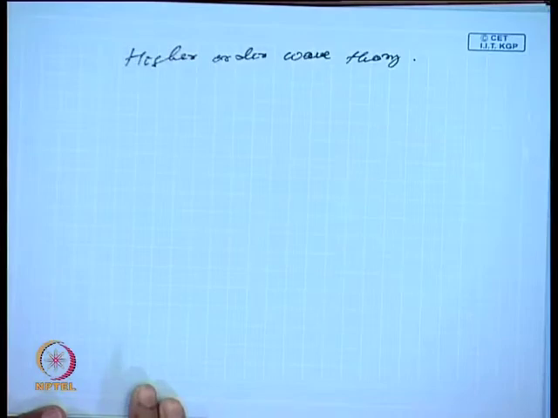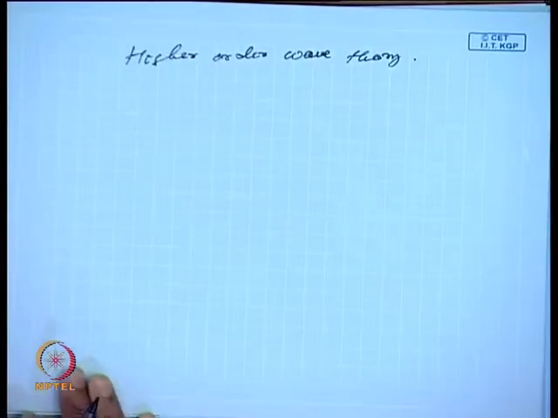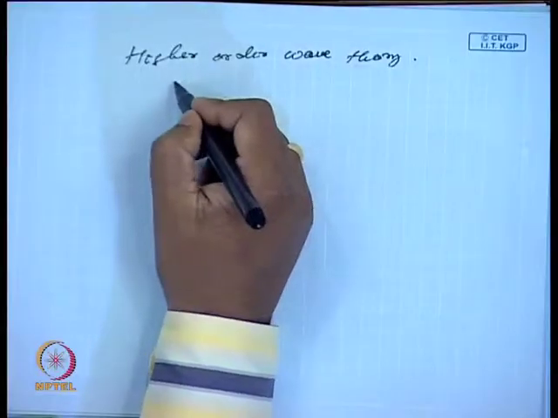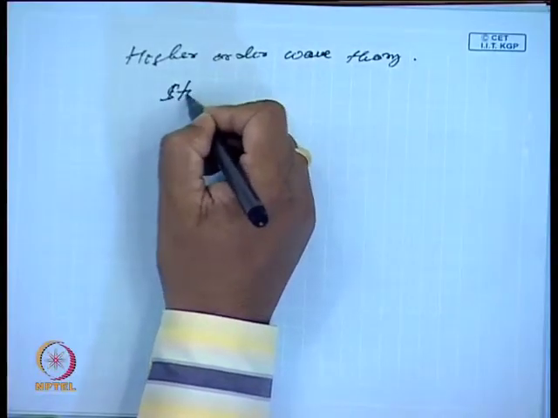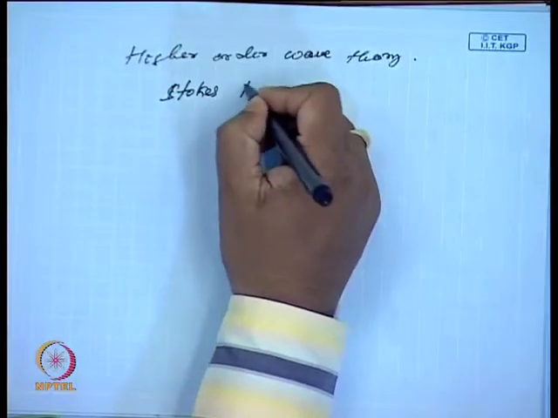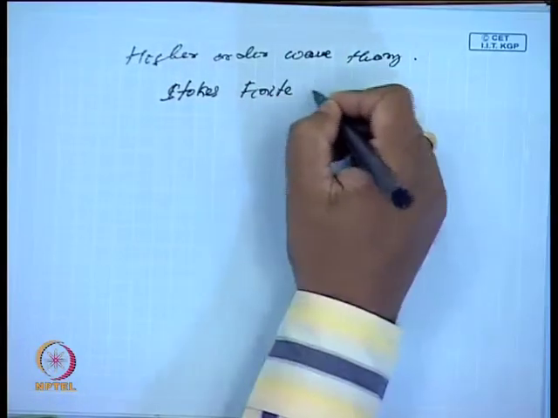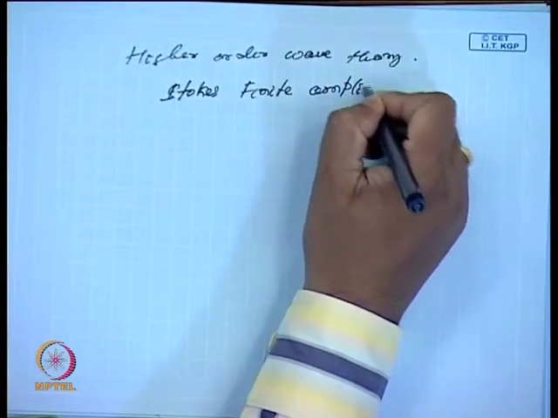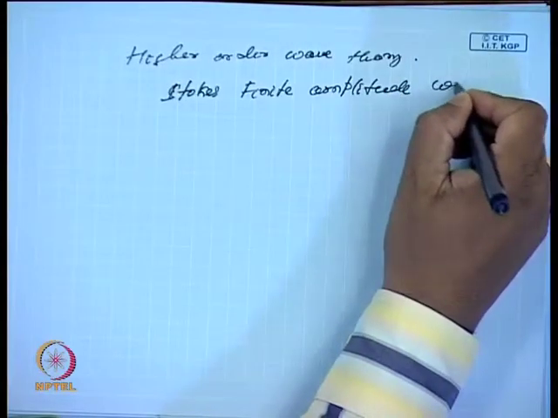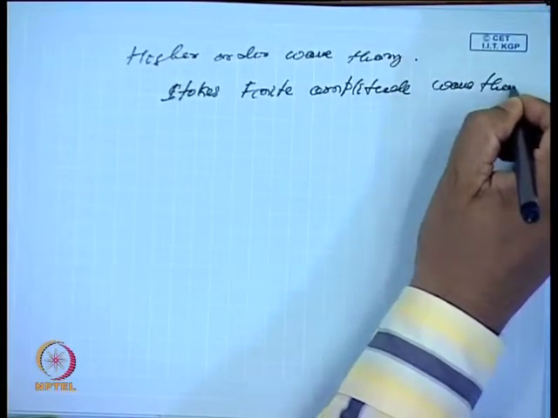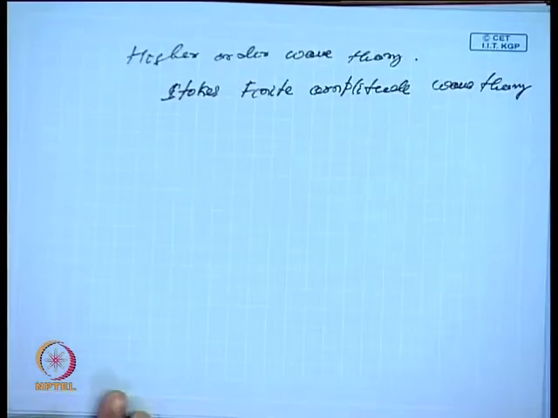Higher order wave theories, particularly for wave load calculation on large structures, come from the Stokes finite amplitude wave theory. As I have told in the past lectures, what we are considering is the linearized wave theory, that is the first order wave theory of Stokes or Airy wave theory.